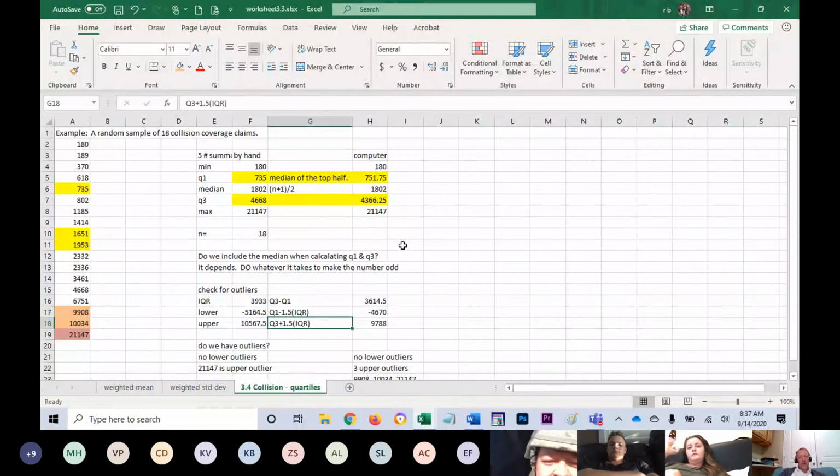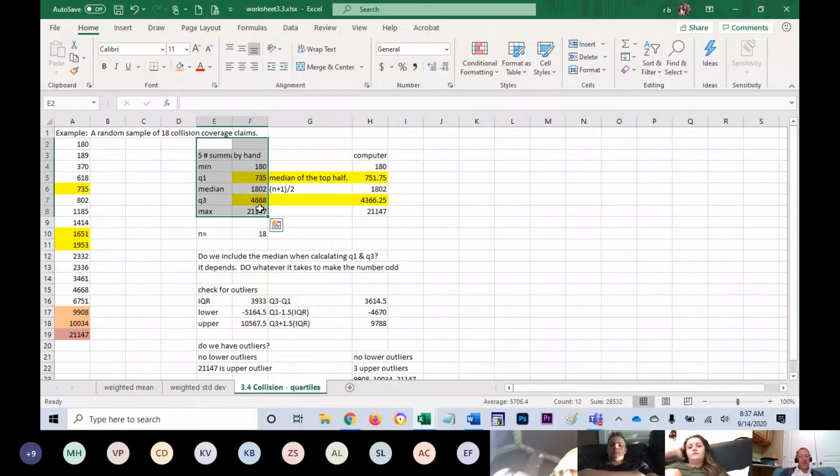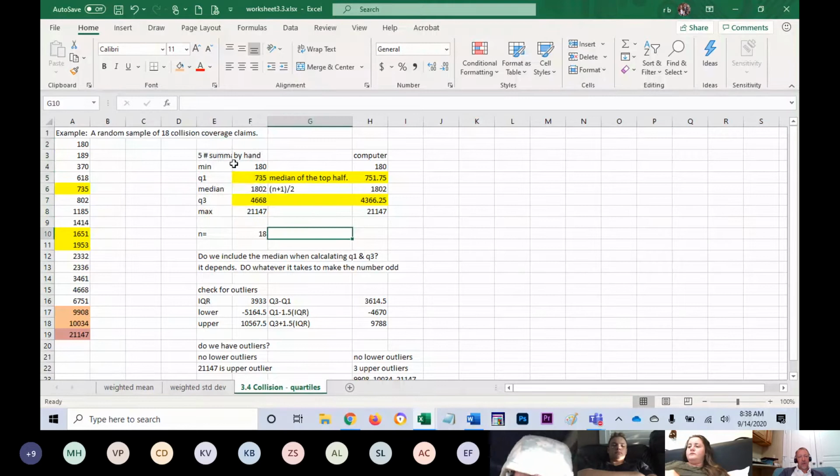Okay. All right. So this is the 5-number summary. Now the 5-number summary, we're always going to use these 5 numbers. However, for the box and whisker, well, I'm going to show you. You guys are going to have to draw this by hand.